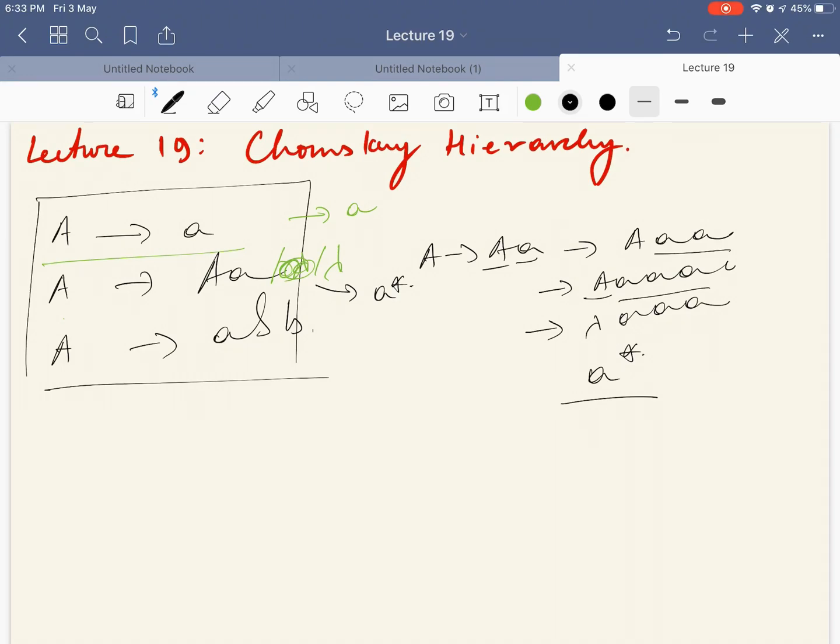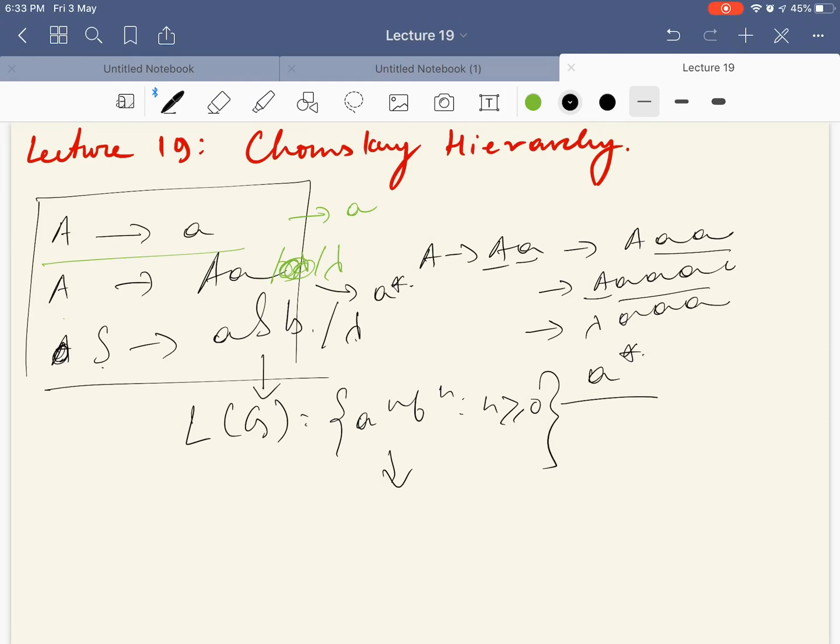But in this case, instead, let us consider S to aSb and S to lambda. For this expression the language is L equal to a^n b^n, as we have already seen. But we cannot construct a regular expression for this language. a star b star cannot be the regular expression, as I have already discussed in my last lecture. So this language is not regular.